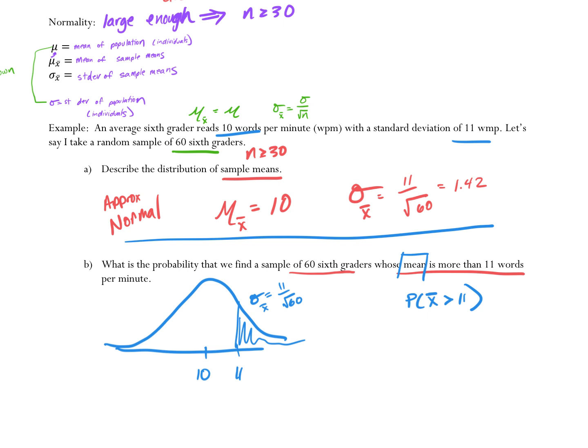This picture looks awfully familiar. This is a picture we can throw into that normal CDF in our calculator. Why do we know it's a normal CDF? Is it always normal CDF when it's these graphs? If it's normal, you use either normal CDF or inverse norm. How do you know if it's inverse normal or CDF? Do you know the boundaries or do you know the area?